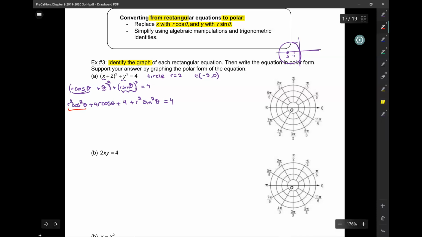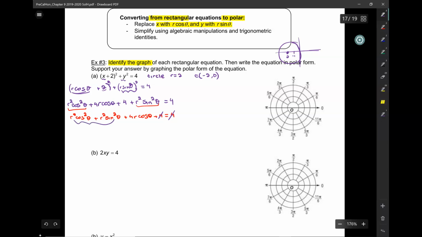I'm just, for fun, going to write these two next to each other. So just sort of shift things around. So I'm going to say r squared cosine squared theta plus r squared sine squared theta plus 4r cosine theta plus 4 is equal to 4. Okay, hey, do these 4's cancel? They do. They totally do. So now look at what happens here.